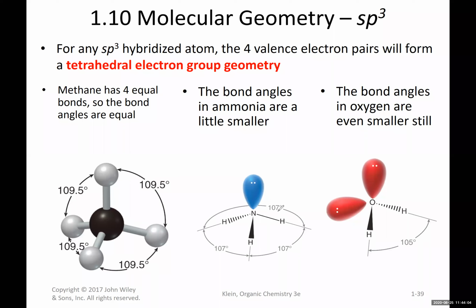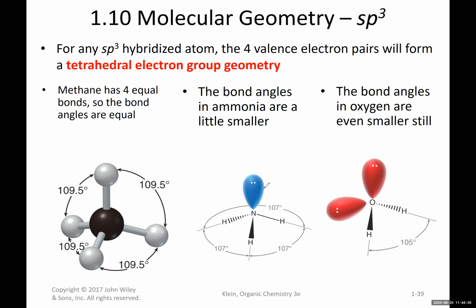But when you look at ammonia, it's the tetrahedral structure of methane, but one of the positions doesn't have an atom. One of the positions has a lone pair. It's like taking the tetrahedral geometry and having no atom in one of the corners of the tetrahedron. You just have a lone pair.